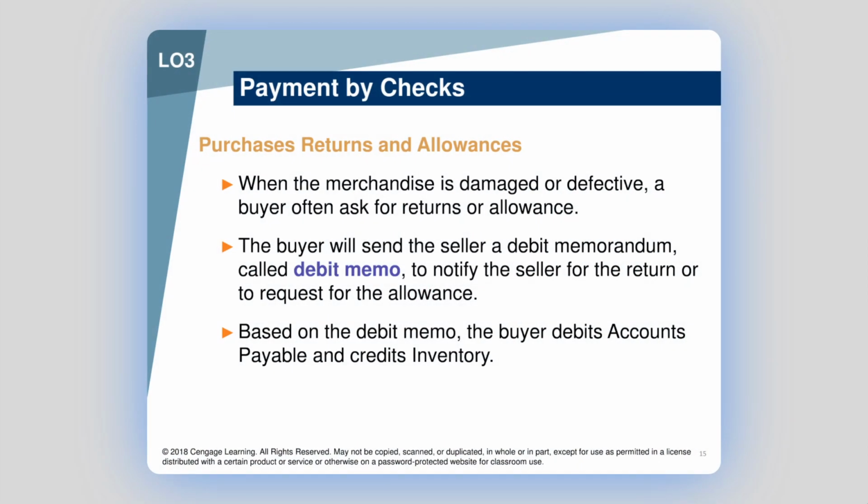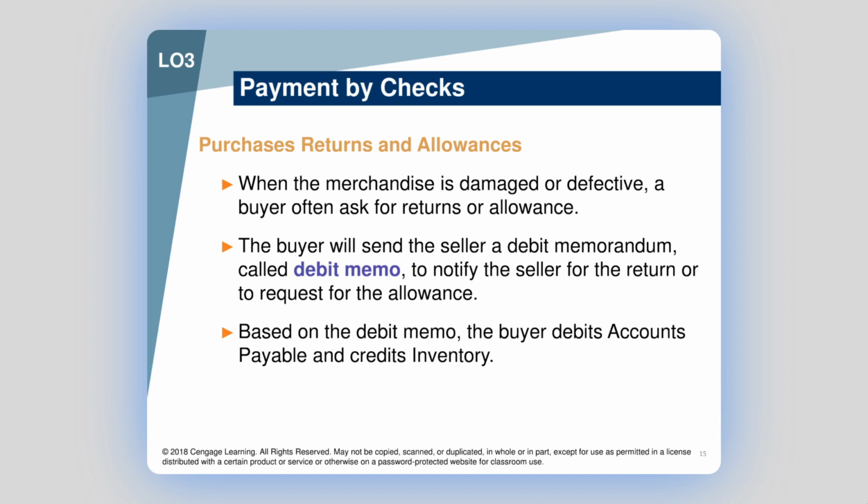Okay? Alright. Next one also is all about your purchase returns and allowances. So, ano naman to class, no? When the merchandise is damaged or defective, a buyer often asks for returns and allowances. Yes, so ibabalik mo to class, no? The buyer will send a seller a debit memorandum, called debit memo, para ma-notify natin. If you are the buyer, you have accounts payable, i-debit natin para bawasan yung utang nila, no?